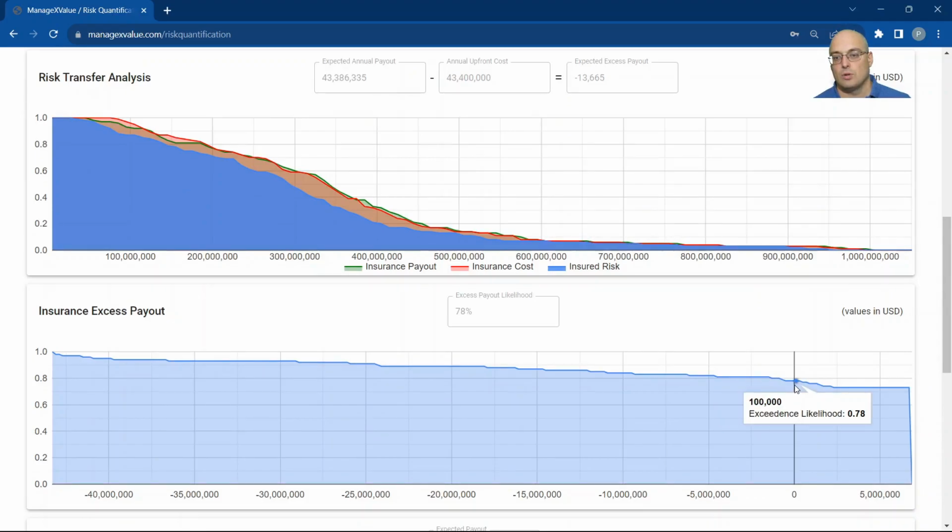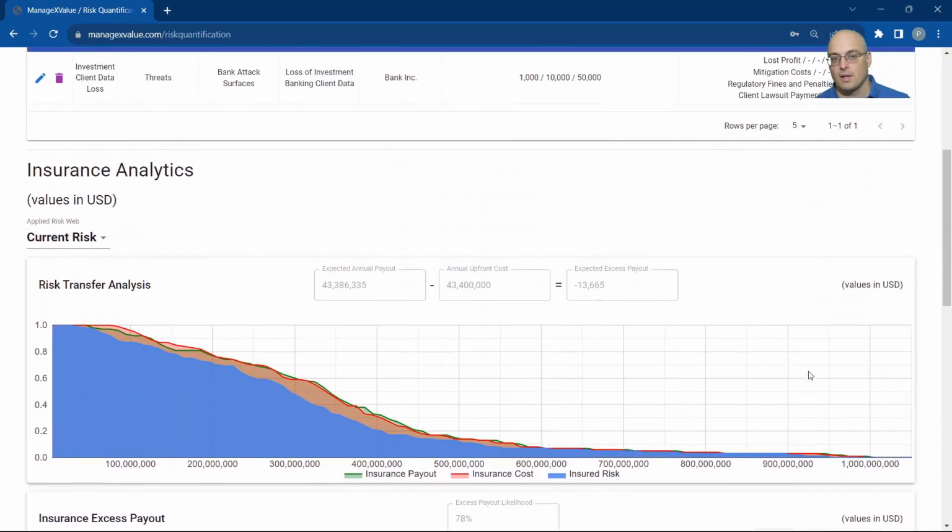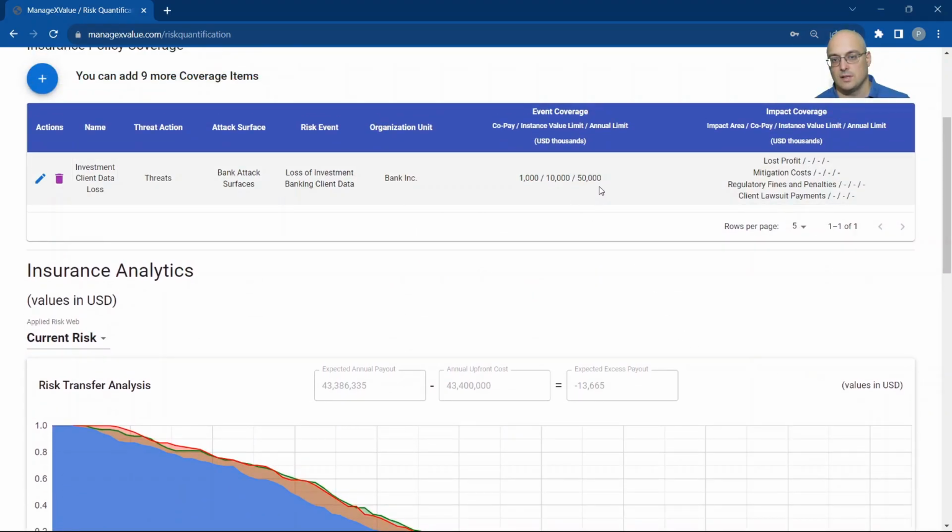However, even though it would be very likely that the insurance provider would pay out more than the cost of the insurance, this excess payout is pretty limited because the 50 million annual limit is very close to the overall cost of $43.4 million.